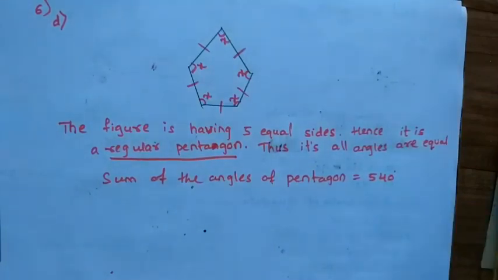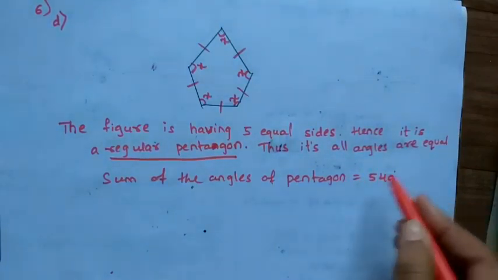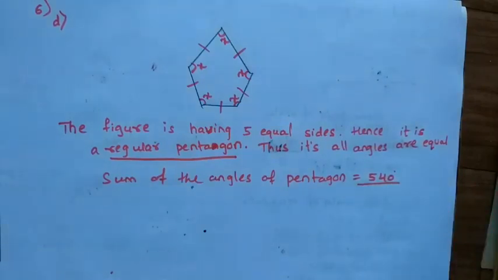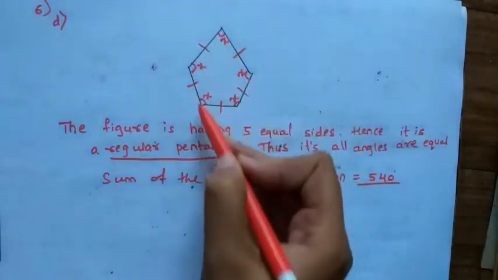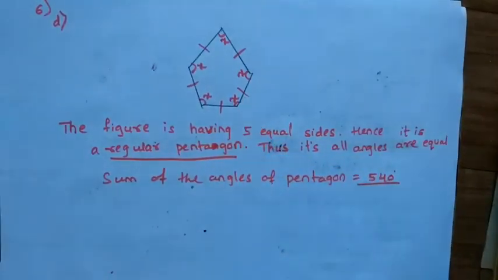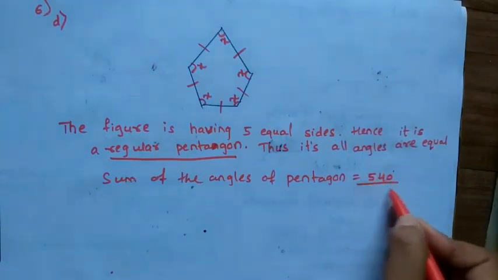Already we solved that. How to find this? Here the sum of the angles of a polygon is n minus 2 into 180 degrees. So the number of sides is 5. So 5 minus 2, how much do we get? 3. 3 into 180 is 540 degrees.